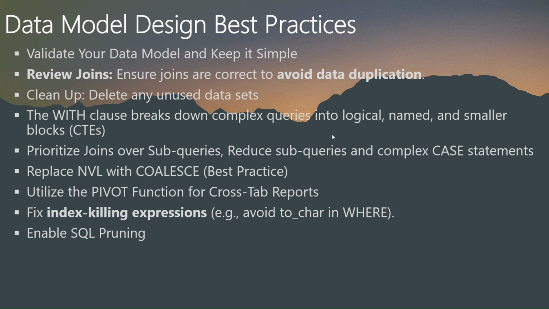Also, you can fix index-killing expressions: you can avoid TO_CHAR functions in your WHERE clause. The next one is enable SQL pruning. This is one of the properties in the data model. By enabling this property, if you are not using some data sets, it is going to hide them. These are some important ones; you have some other properties also. Let's go through the SQL query and we can discuss more.